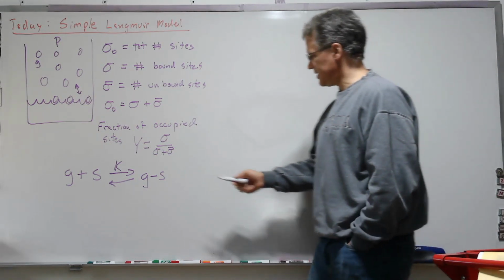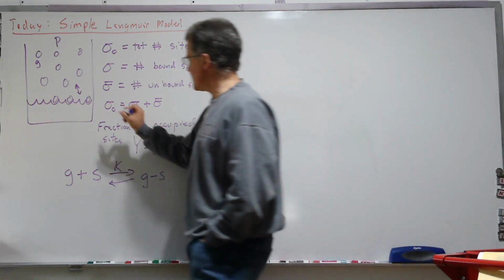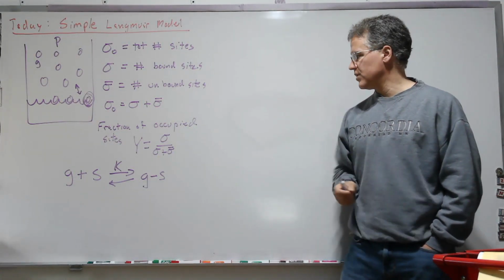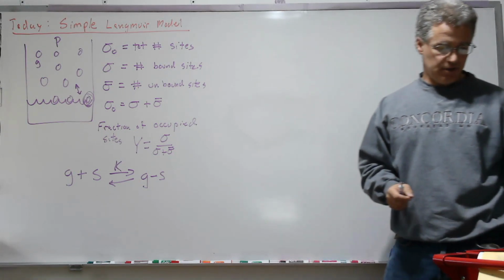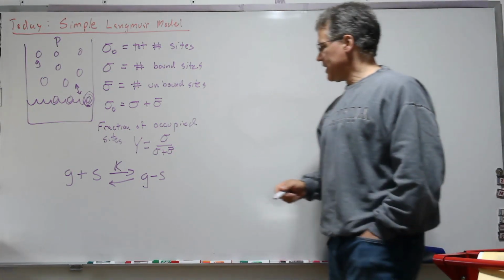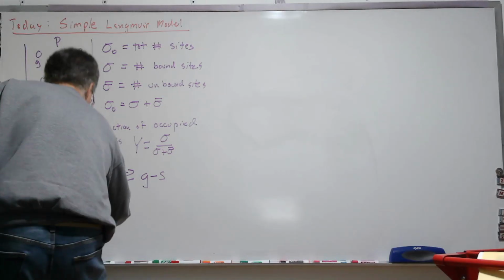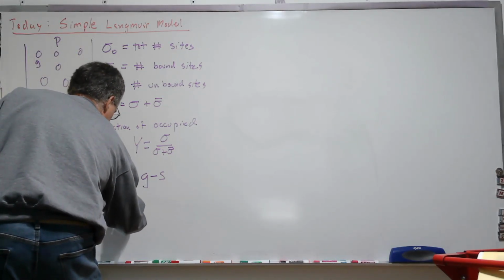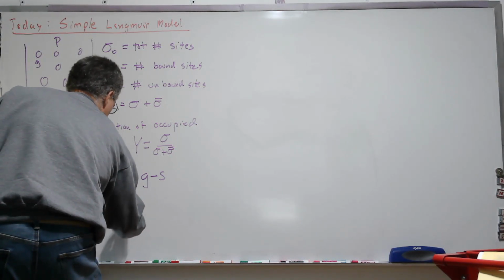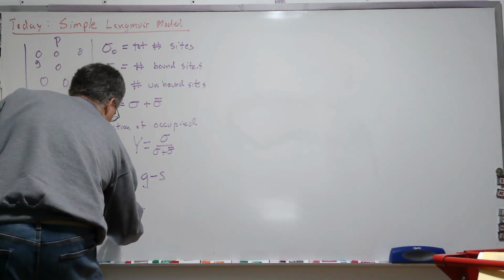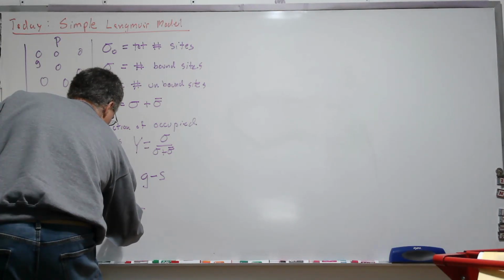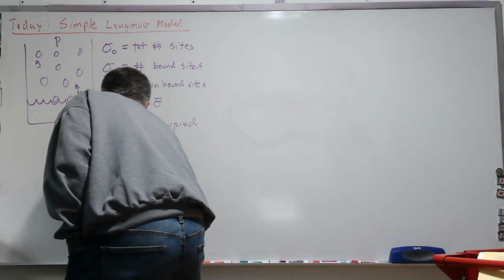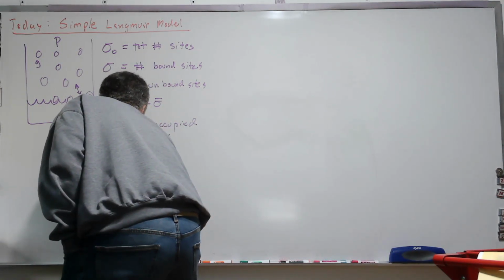Okay, so GS is going to be this unit, the site with the gas particle adsorbed to it. Well, we can write the expression for K. K is just products over reactants. So this is going to be sigma over P, pressure of the gas, times sigma bar.